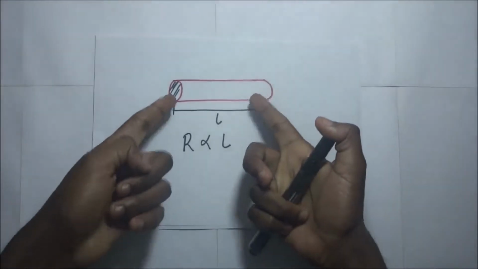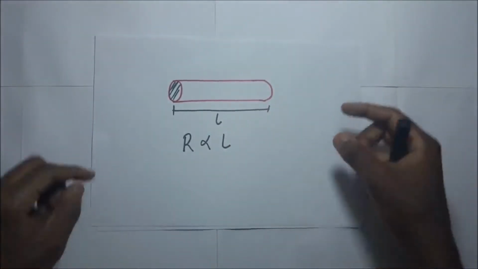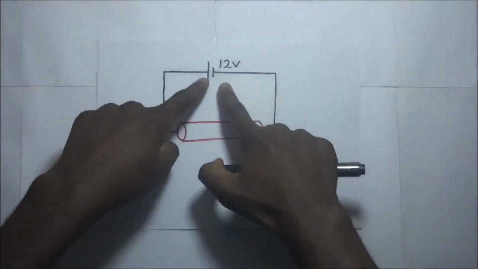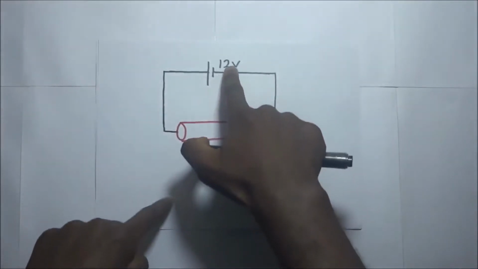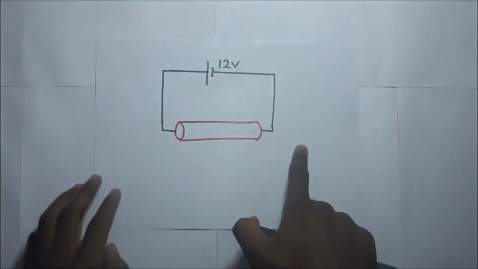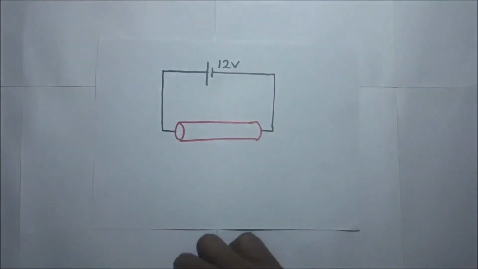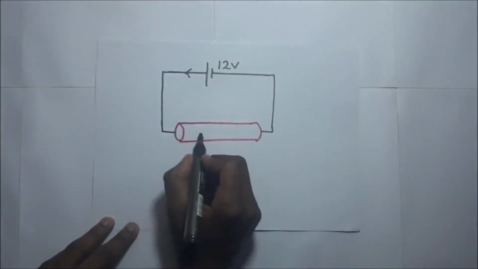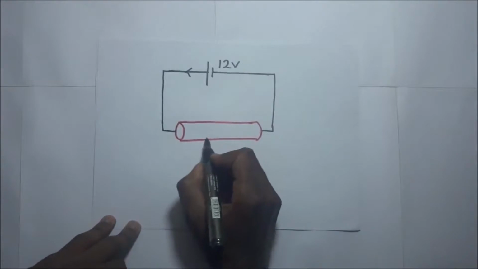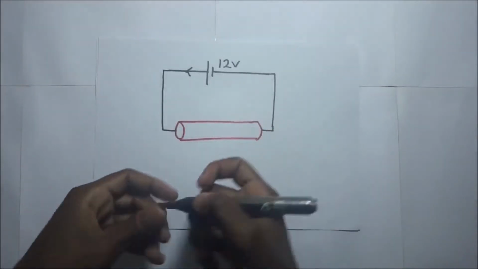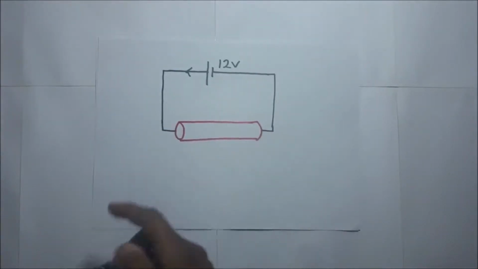Now let's put this very conductor into a circuit. If we put this very conductor into a circuit like this, as you can see, we have a cell right there, which has an EMF of 12 volts, and we have connected it to this conductor. It means that as current is flowing out of this cell and coming through this conductor, it is going to experience a potential difference across it as current flows through it.